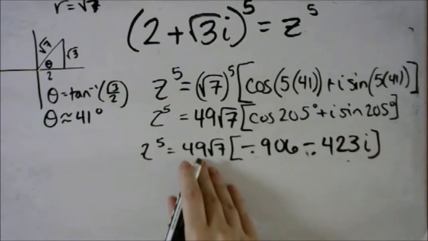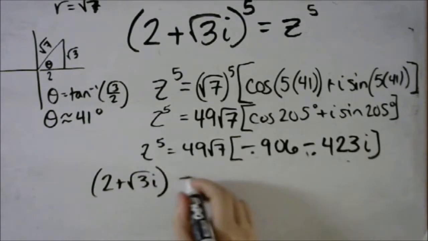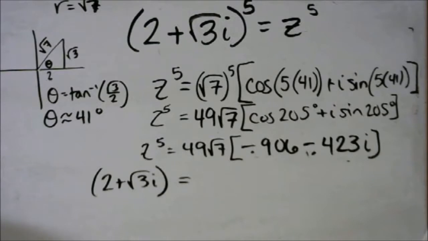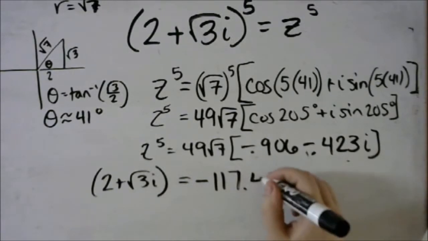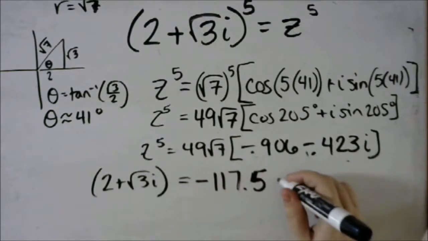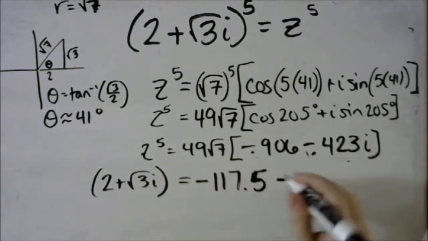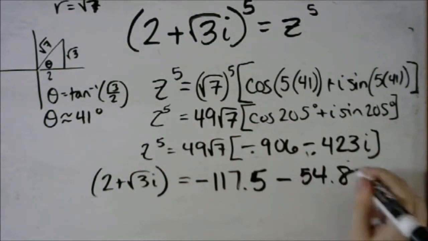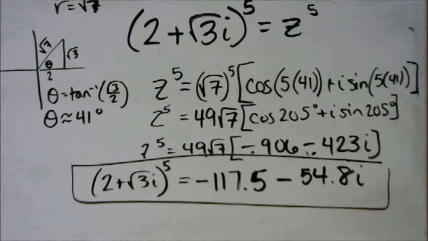Last step is to distribute 49 radical 7, and I can conclude that (2 plus rad 3i) to the 5th is equal to 49 rad 7 times negative 0.906, which is negative 117.5, minus 49 rad 7 times 0.423, 54.8i. And I have found the 5th power of 2 plus rad 3i.